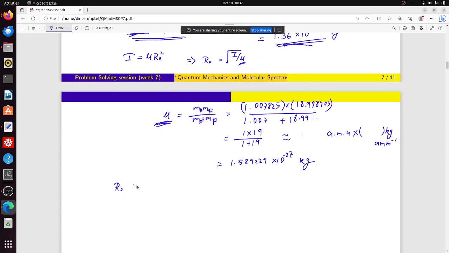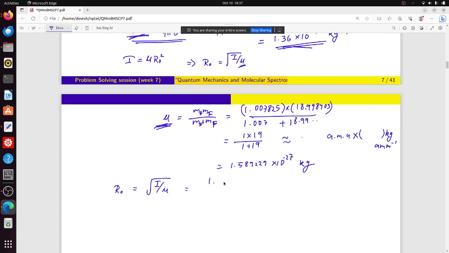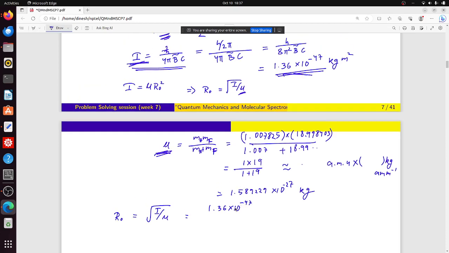R naught will be root of I over mu, which is 1.36 times 10 to the power minus 47 over 1.58922 times 10 to the power minus 27, under the root. If you do this, you will get 9.25 times 10 to the power minus 11 meter, or you can write it as 0.9257 Angstrom.